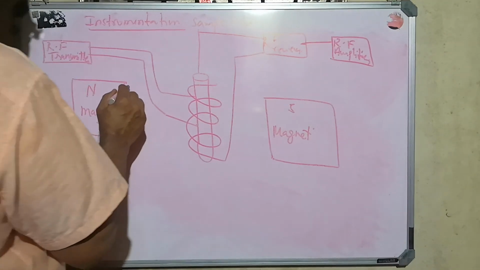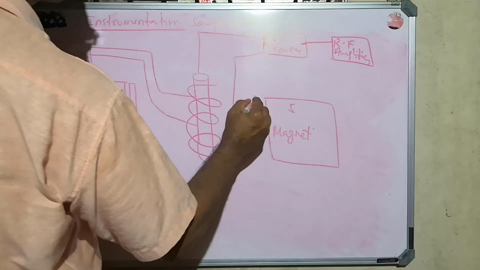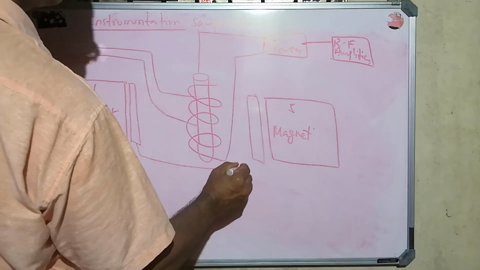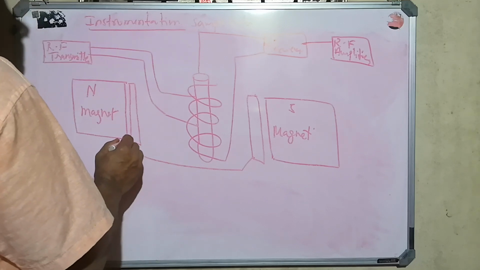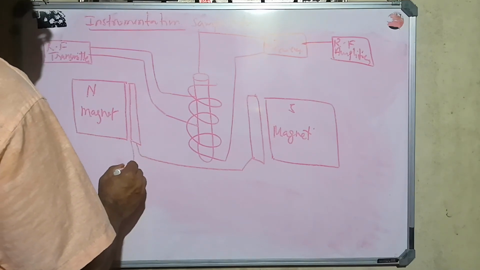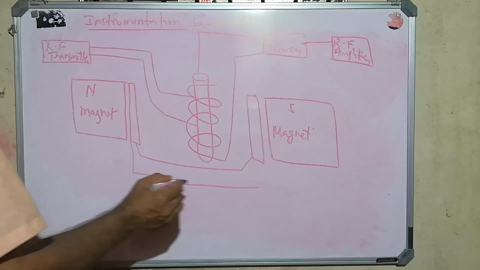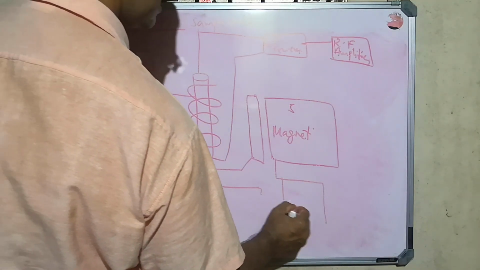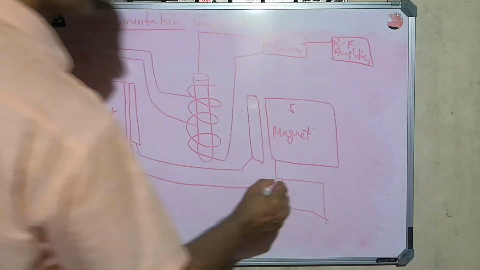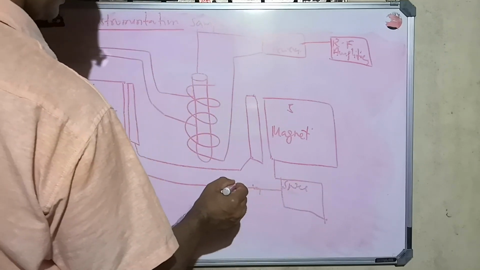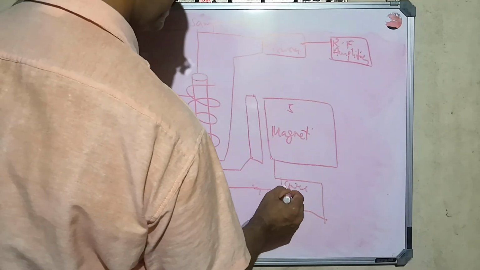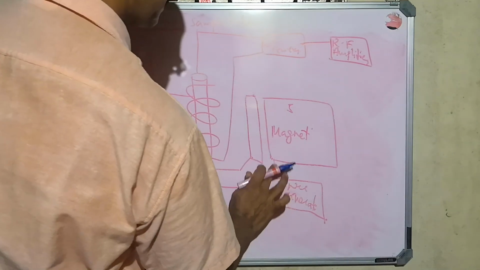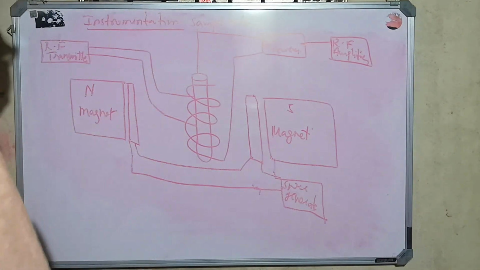Then here you have sweep coils, and this is the sweep generator.